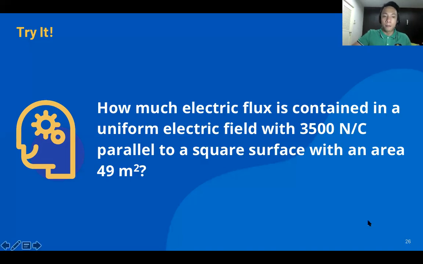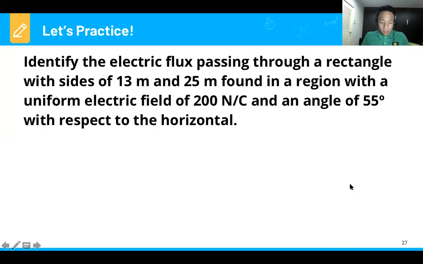Next, what if we have this one? Identify the electric flux passing through a rectangular plate. It has sides of 13 meters by 25 meters, found in a region with a uniform electric field, and an angle.